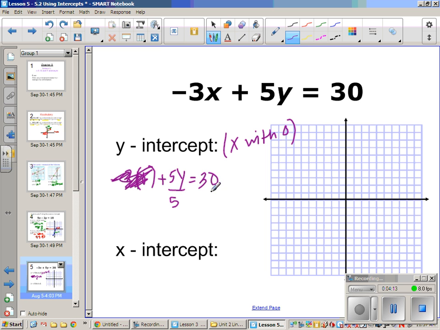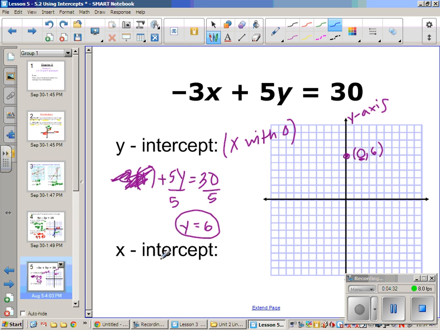So I'm going to divide by 5. I now know that my y-intercept is 6. Notice at the end it says y = 6. You're going to go on the y-axis to 6, and that's the coordinate (0, 6), because the x-coordinate is 0.